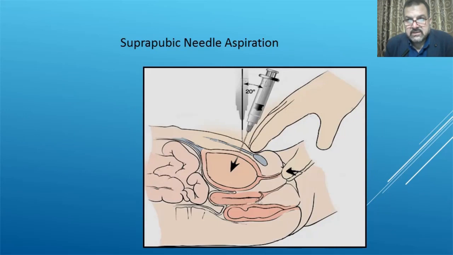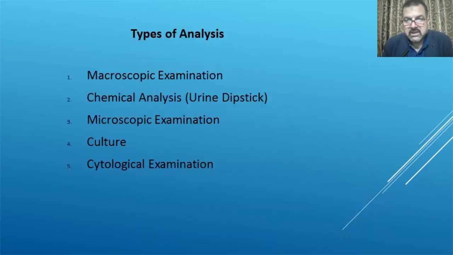Sometimes we get unacceptable results for the urine, so we need to get a cleaner sample, which we can get either by putting a Nelaton catheter into the urethra, or by suprapubic aspiration, using a needle to aspirate urine from the bladder through the suprapubic area.